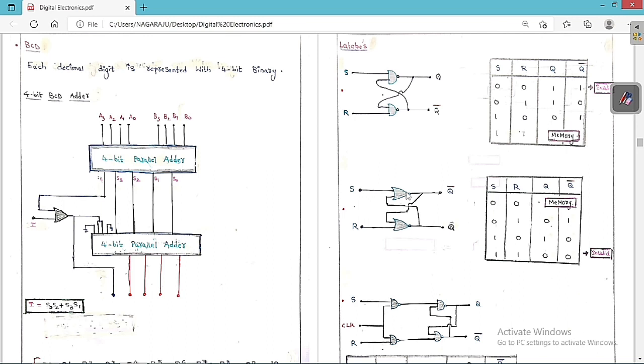Now we are going to discuss the latches. Before that, we were learning about the combinational circuits. It means that the present output is depending only on the present input. Whenever the present output depends only on the present input, we call that system a combinational circuit.